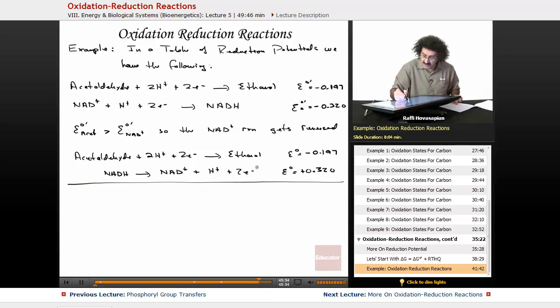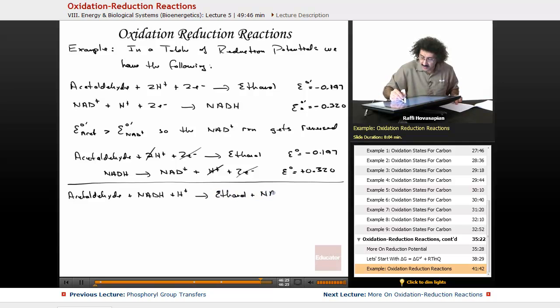We go ahead and we cancel electrons. In this case, there's 2 here and 2 here. We don't have to multiply by anything to balance it. We cancel this H plus with one of those H pluses, and what we're left with is the net reaction. Acetaldehyde reacts with this thing, NADH, under some slightly acidic conditions, and it turns into ethanol, and it releases NAD+.